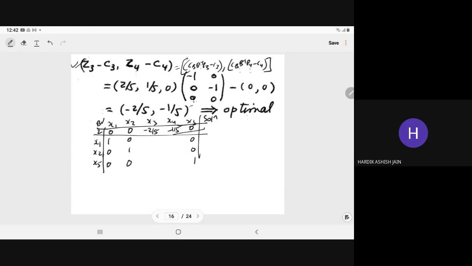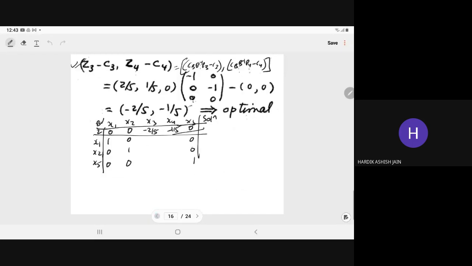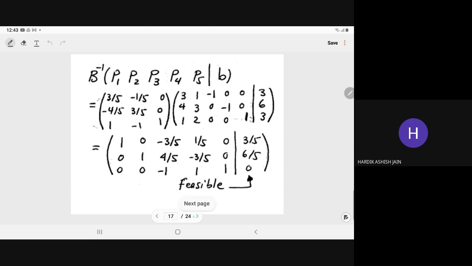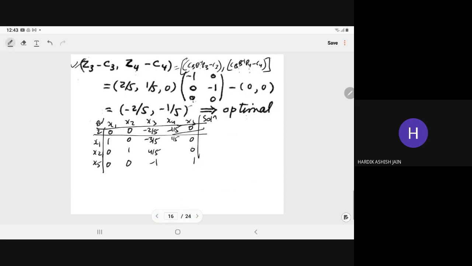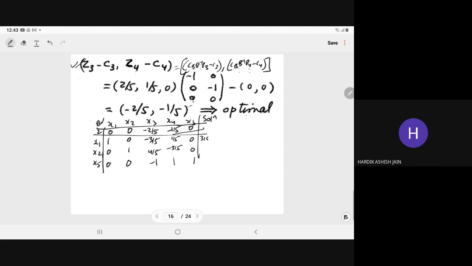And the non-basic variables will come minus 3 by 5, 4 by 5, minus 1, and 1 by 5, minus 3 by 5, 1. That is your x3, x4. And the right hand side will come 3 by 5, 6 by 5, 0.